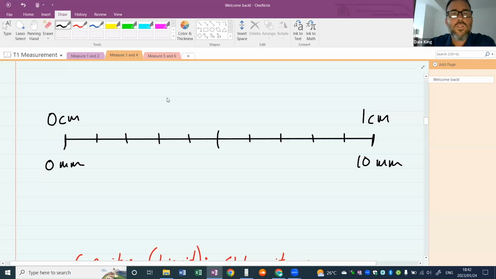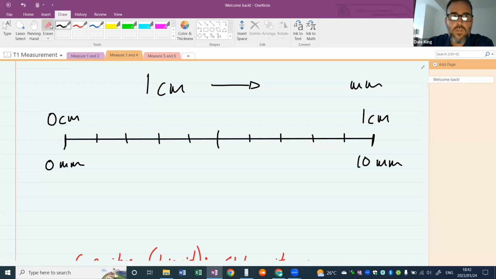So if someone asked you, convert 1 centimeter into millimeters, how many millimeters are there in 1 centimeter? So convert 1 centimeter, and I want you to go to millimeters in your answer. So from centimeters to millimeters.